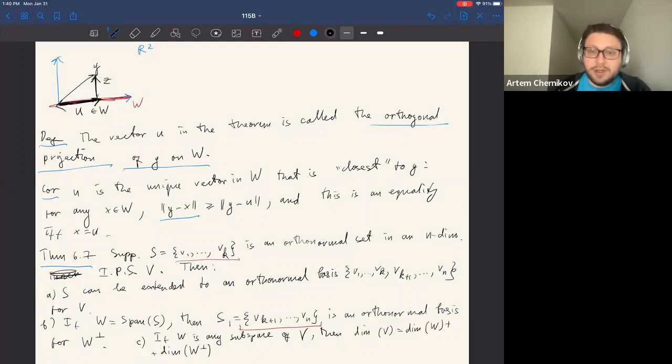So we conclude that V is in fact the direct sum of W and its orthogonal complement. So given any finite dimensional subspace, the whole space splits into the direct sum of this subspace and its orthogonal complement. All right. So we have these properties of orthogonality.